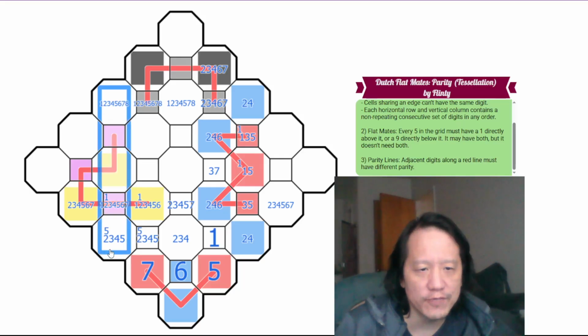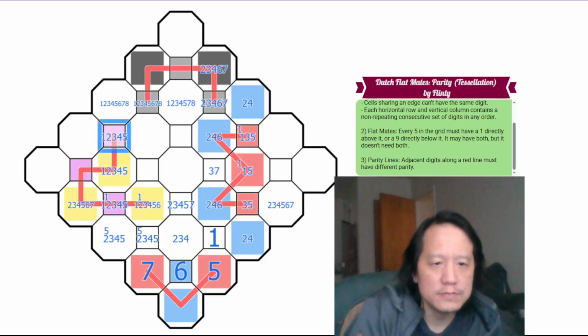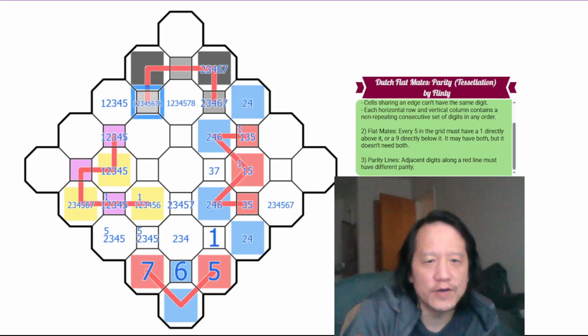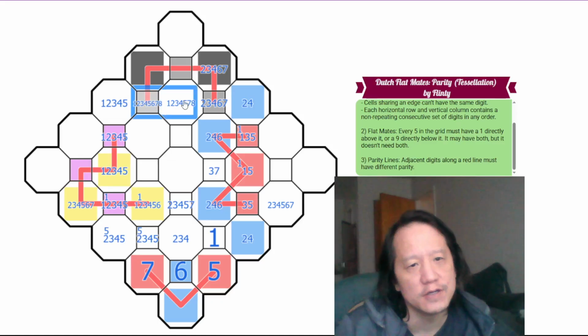Okay, this cannot be 5 through 9. If this is 5 through 9, the problem is this digit cannot be... It would have to be 5, but then that would require a 1 above it. So this has to be 1 through 5, which means this is 1 through 5. Since this is 1 through 5, it still could be up to 8 here.